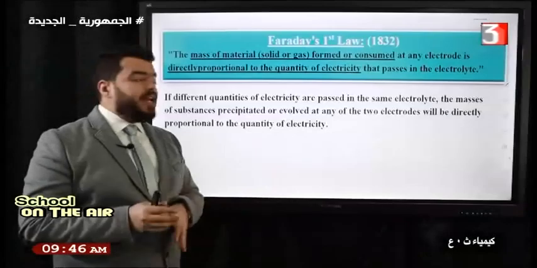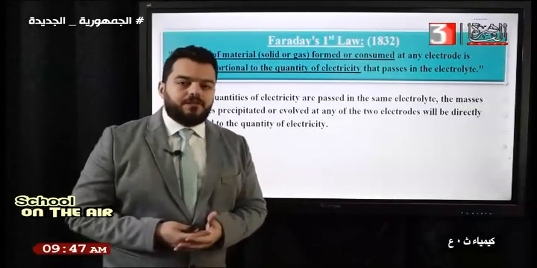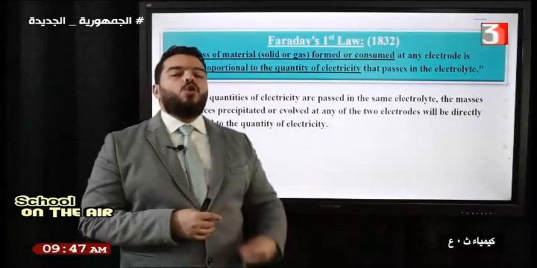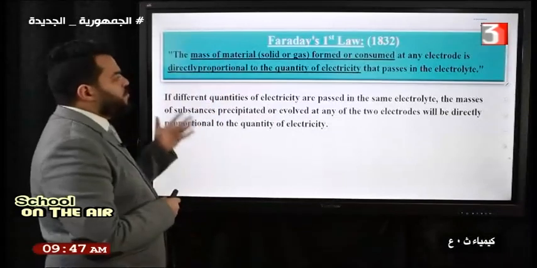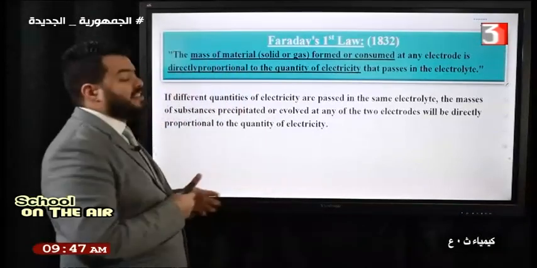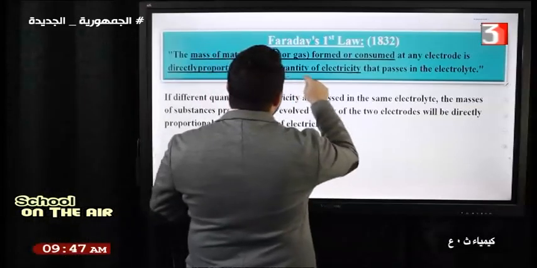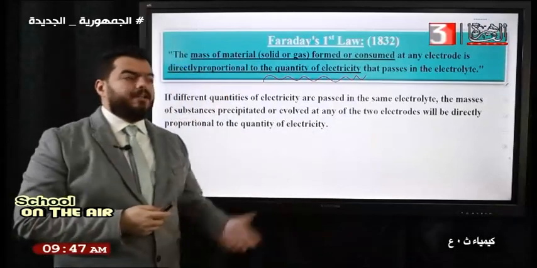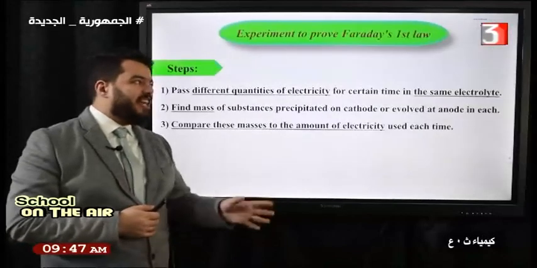Faraday made two experiments to explain the mass change. In Faraday's first law, he said that the mass of the material that is formed or consumed at the electrodes depends on the quantity of electricity that passed through the electrolytic cell, and he proved that by his first experiment.